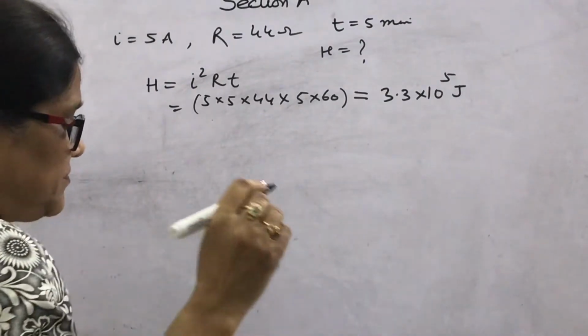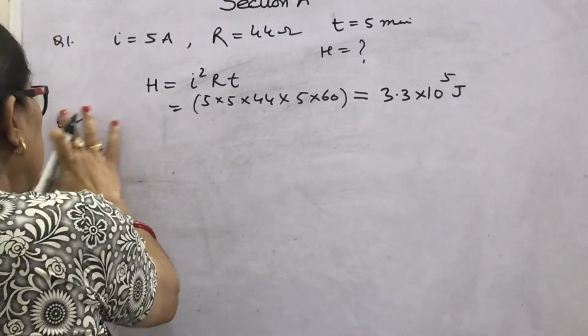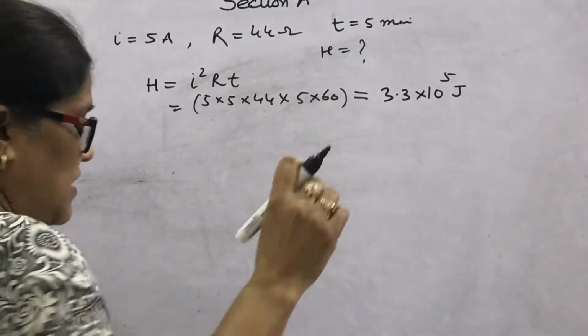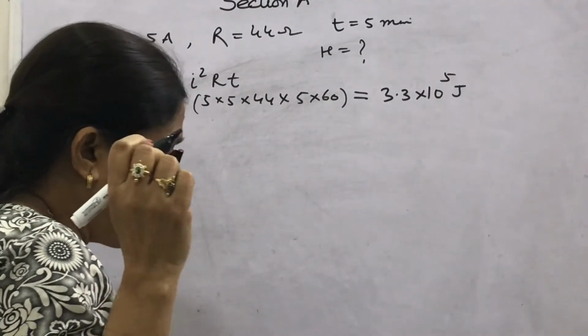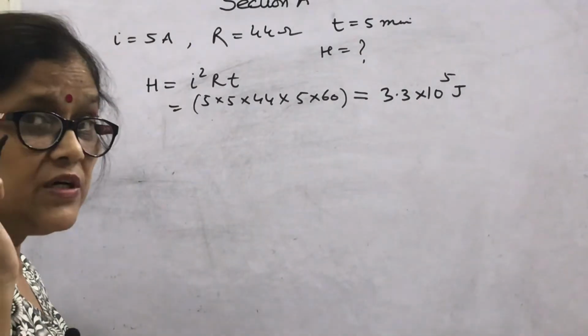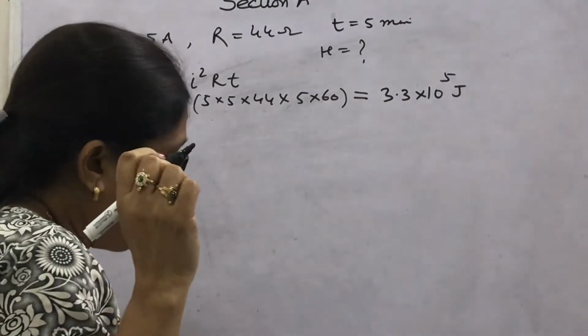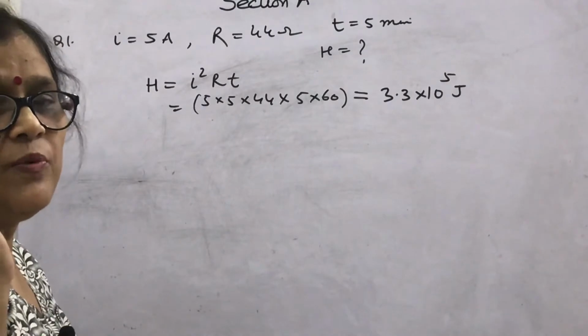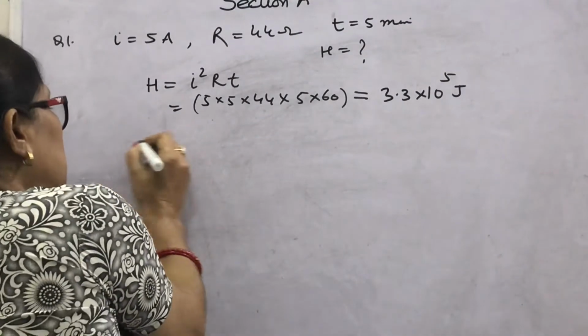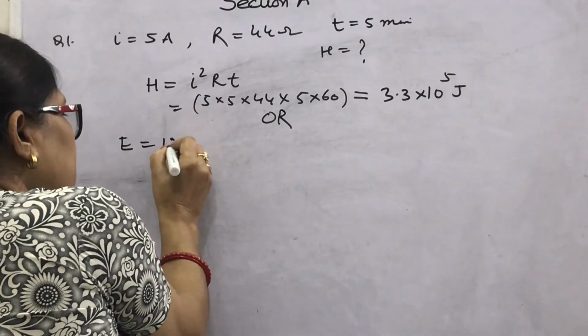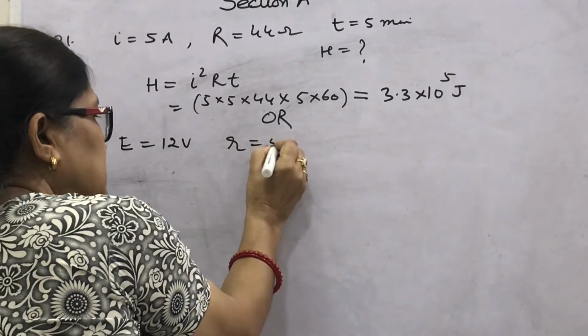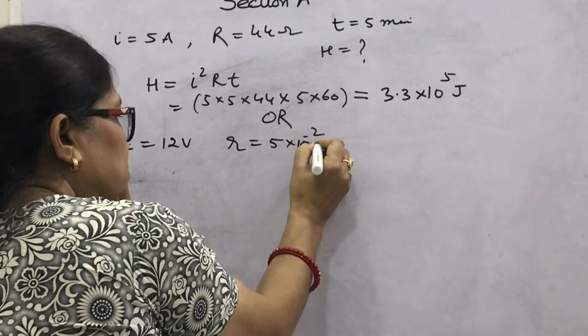Second question, not second, it is the choice given. A car has a fresh storage battery of EMF 12 volt and internal resistance 5 into 10 to the power minus 2 ohm. So, choice question, EMF is 12 volt, internal resistance 5 into 10 to the power minus 2 ohm.